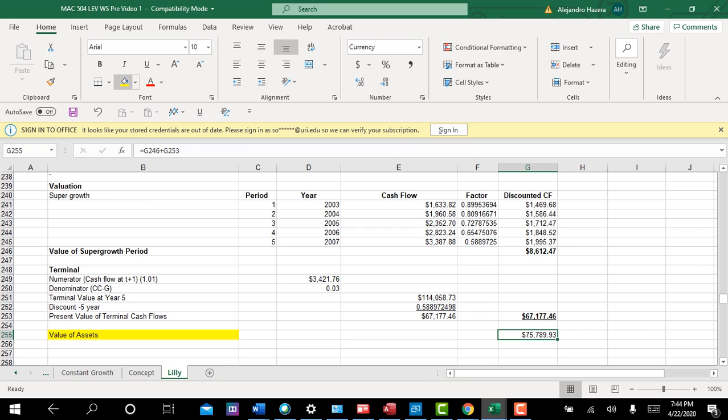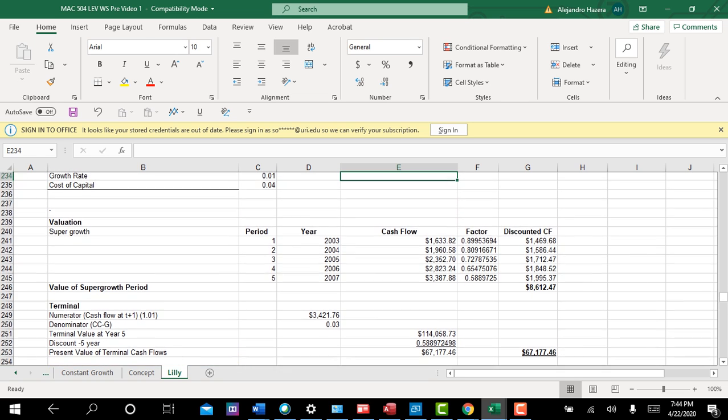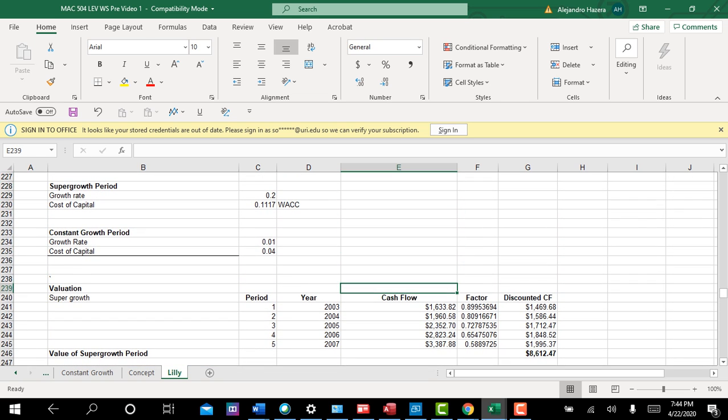That looks pretty good. But here's the question, and here's why I said value of assets. This is the value of the assets. And the reason I can say this is pretty much the value of the assets is because, and this is important, for my cash flows I used free cash flow to the firm, which is the value of your assets.